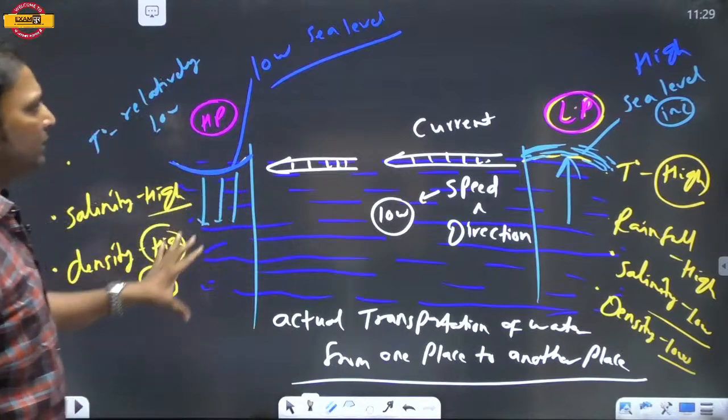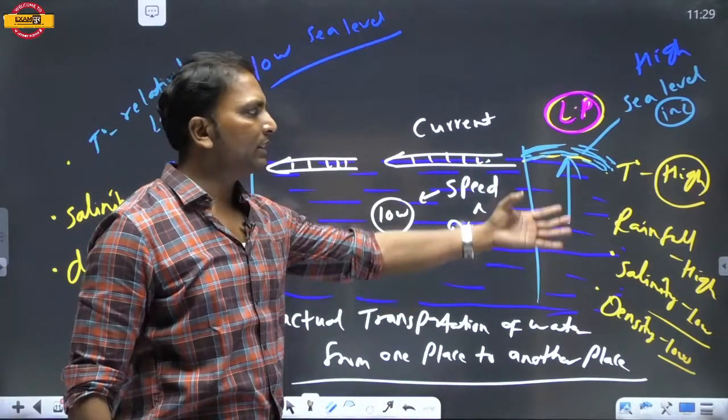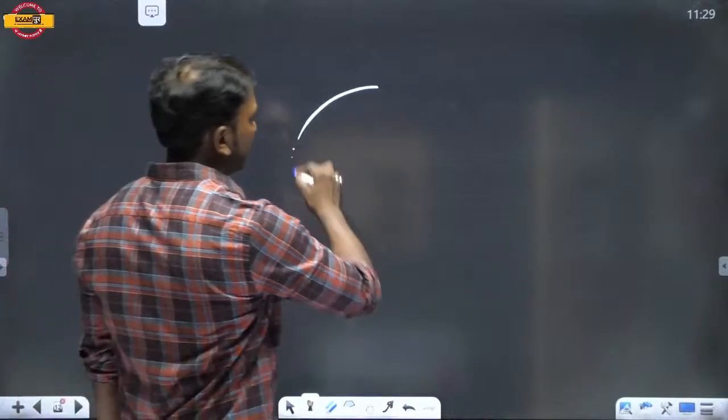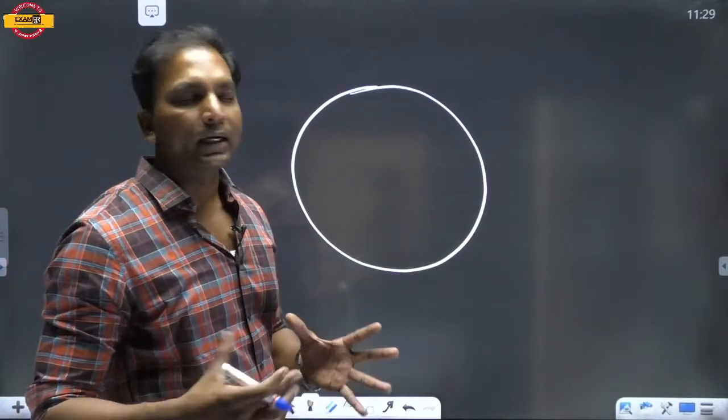So now we have discussed how the differences of temperature, salinity and density of oceanic water create the current. Second, we are going to discuss how the rotation of the earth generates currents.